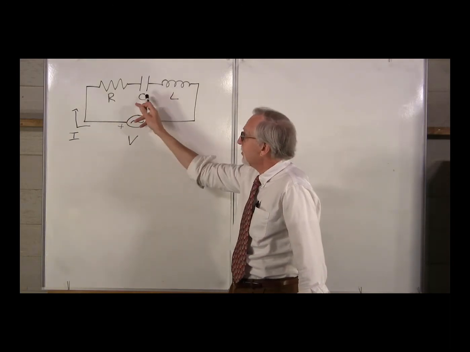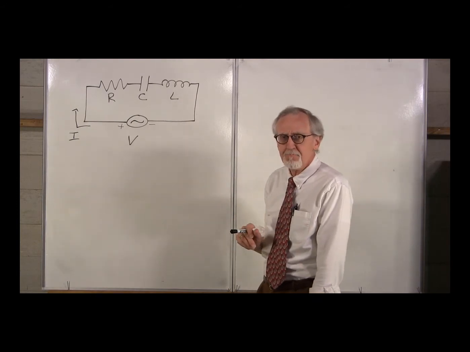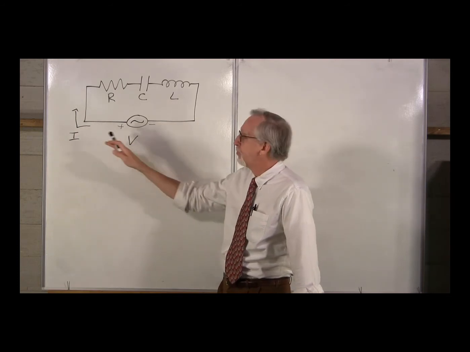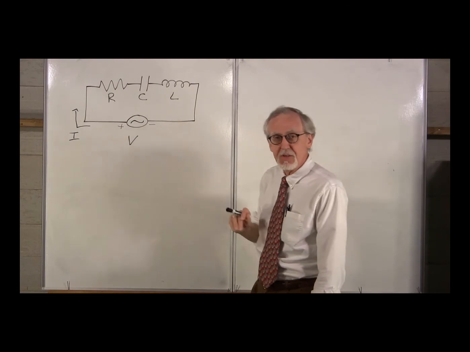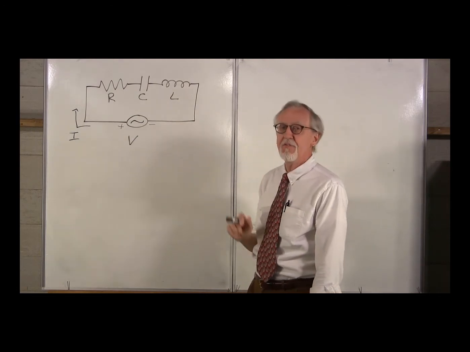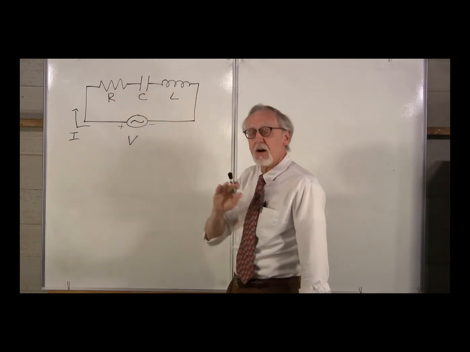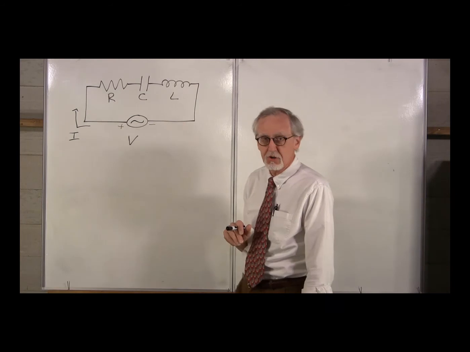The voltages across each of these elements will have different phases. Rather than defining one voltage, we're going to define one current that's going to be the same through the entire circuit. Then we'll figure out what's the phase difference for the voltage across each circuit element.